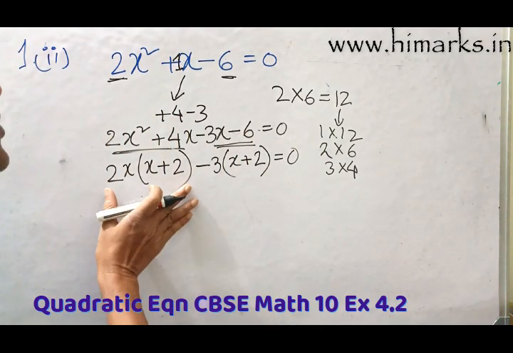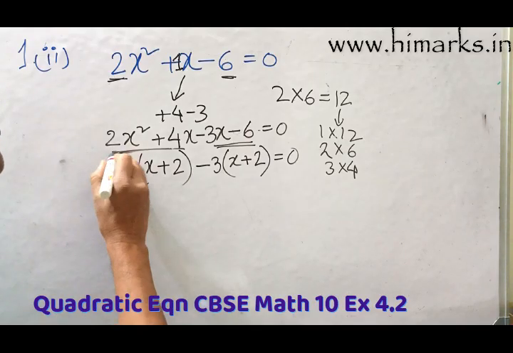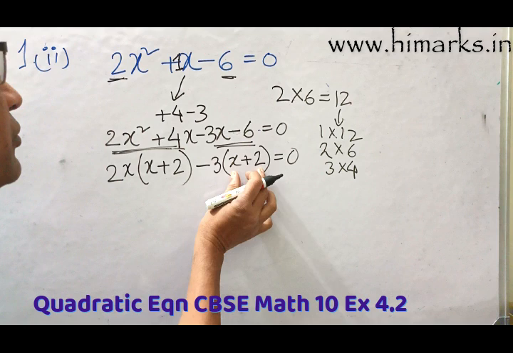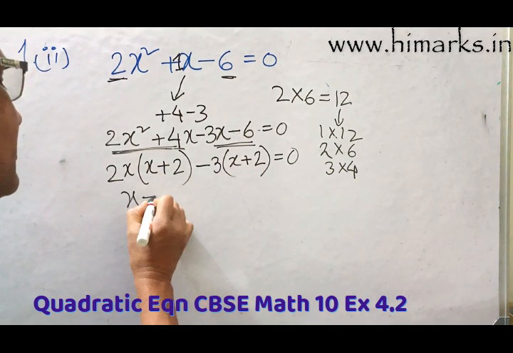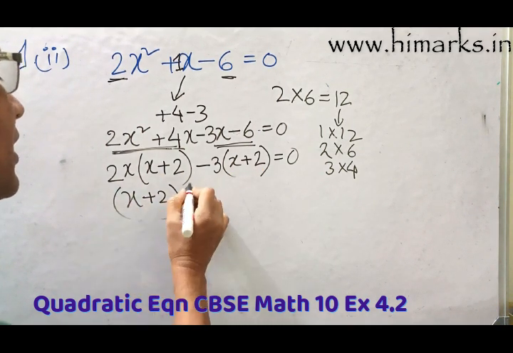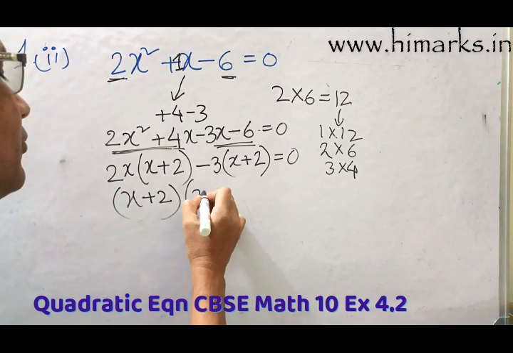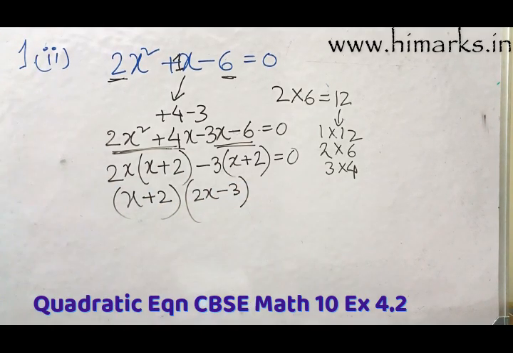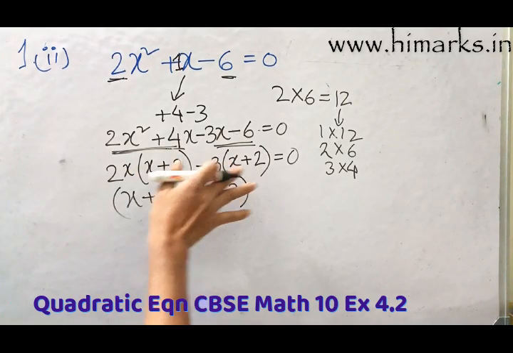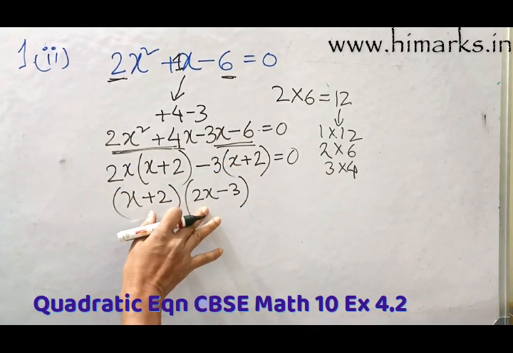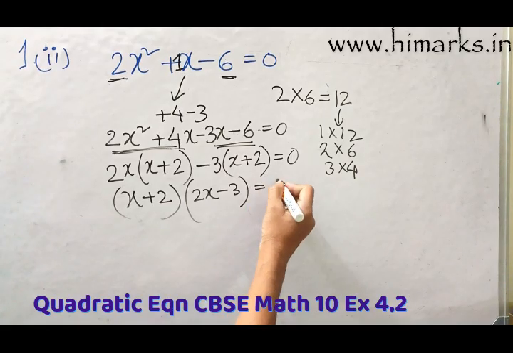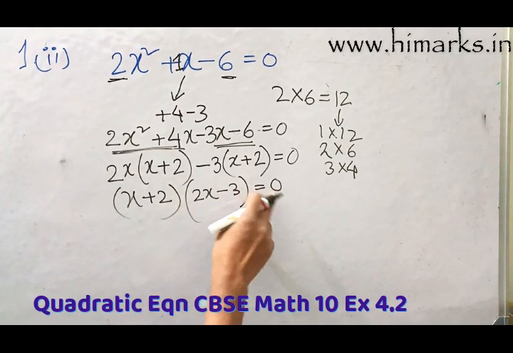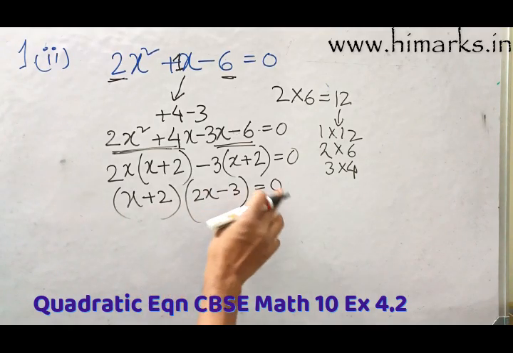Okay, now what is there? From the first group, x plus 2 is common, and here also x plus 2 is common. So between these two, take x plus 2 common, and the remaining from here is 2x, the remaining here is minus 3. Now the product of 2 factors equal to 0 means any one of them can be 0.